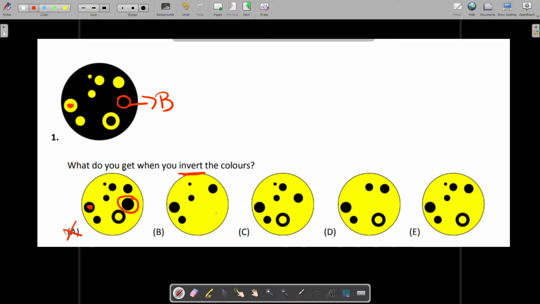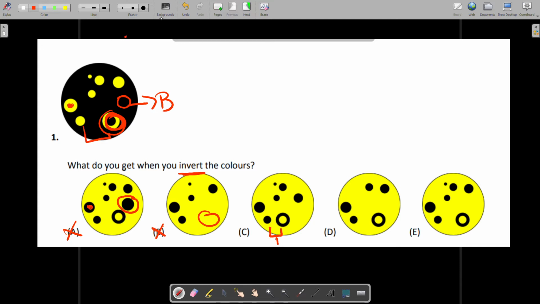Now let's look at option B. Right off the bat we can see that option B is missing a lot of key details, such as the big ring from the original figure. So option B is obviously ruled out. Now let's look at option C. Option C may look like the correct answer, but as we can see here, the distance between this point and the big ring is much shorter than the distance between this ring and the big ring.